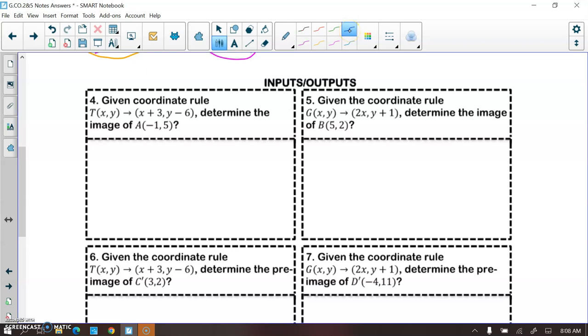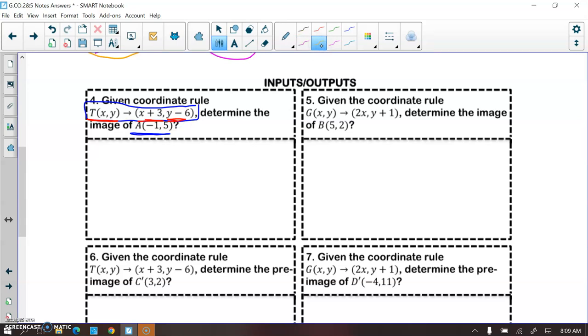So for example, number 4, I'm given the coordinate rule, this, and I want to determine the image of point A. So point A right now is the pre-image. It is the starting figure. And my coordinate rule states that I'm going to take all my x, y values from point A, and I'm going to add 3 to the x and subtract 6 from the y.